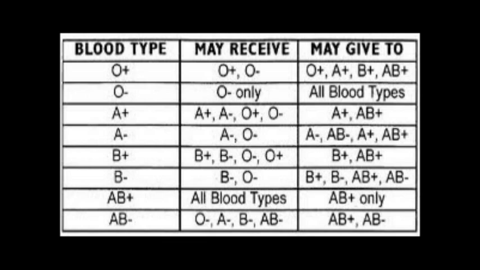Doesn't matter if you're A negative, B negative, AB negative, they cannot take any other blood type but their own. And that is fascinating. So the universal blood that saves mankind and can give to all cannot take any from any other person except for their own.